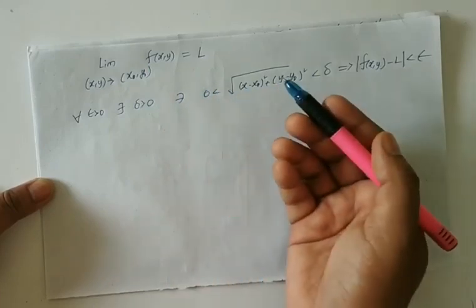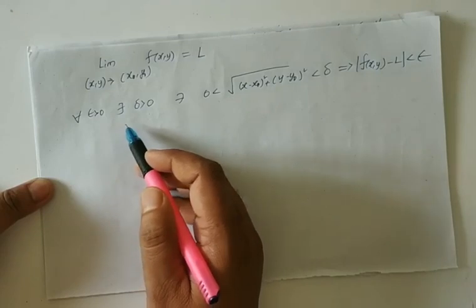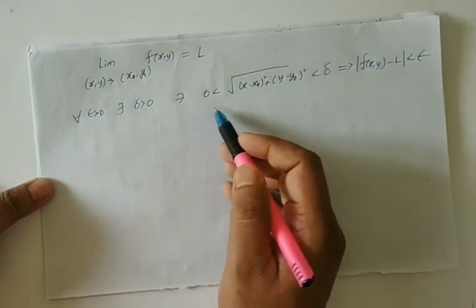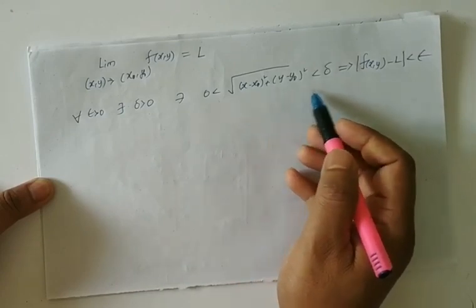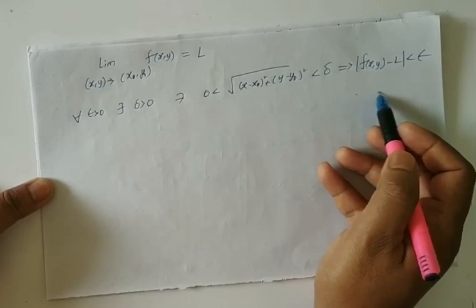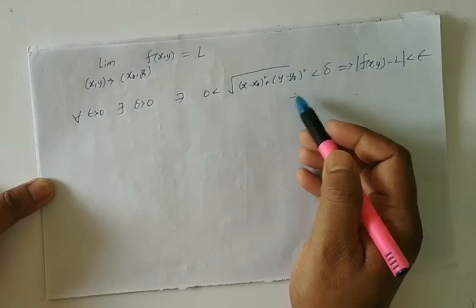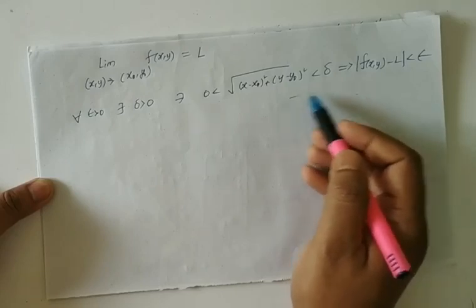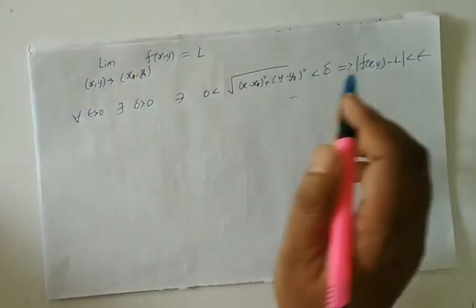Already we know that. For every epsilon greater than 0, there exists delta greater than 0 such that 0 is less than the square root of (x minus x naught) whole square plus (y minus y naught) whole square, less than delta, then modulus of f of x comma y minus L is less than epsilon. So this is nothing but the limit as x comma y approaches x naught y naught of f of x y is equal to L. Just remember the definition, don't worry students.